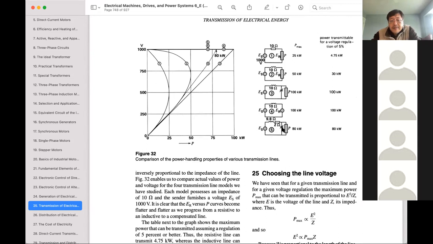Second thing is, for the inductive transmission line, the power it can deliver will be, for example, 50K. We can double that. We can double the amount of power that can be delivered from the same transmission line if we compensate on the other side with a capacitor. This is why we have a capacitor over here to compensate the inductance.